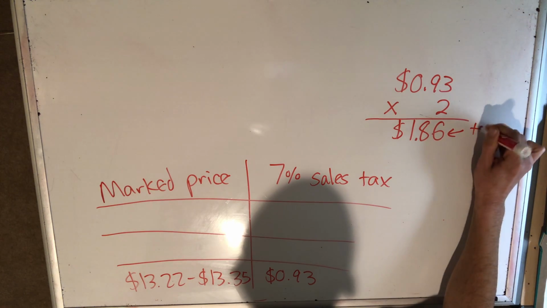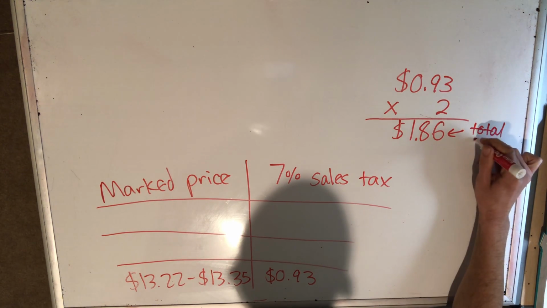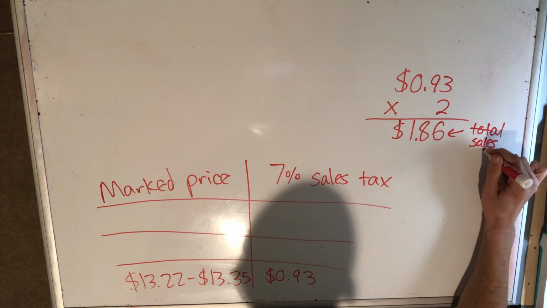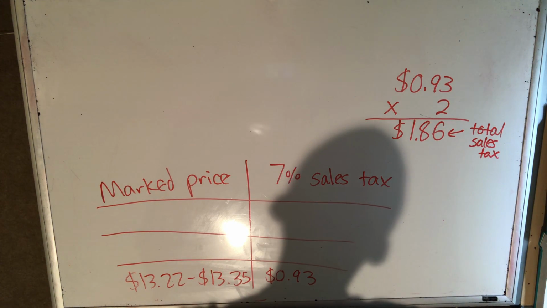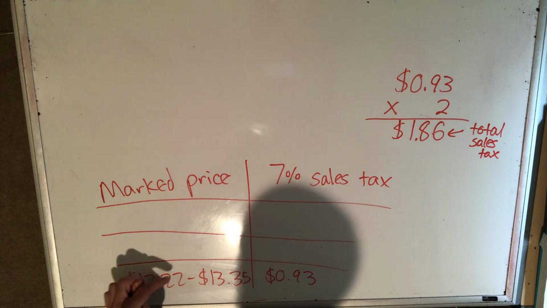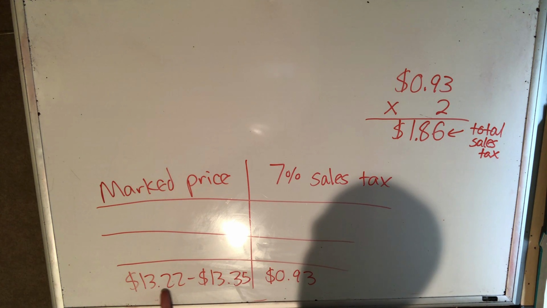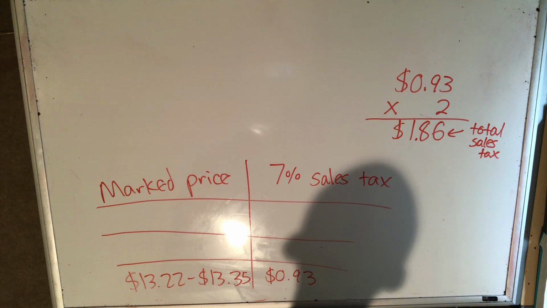So that's the total sales tax for the two shirts. Right, $13.25 for each shirt that's in between $13.22 and $13.35 in the third row of the table.